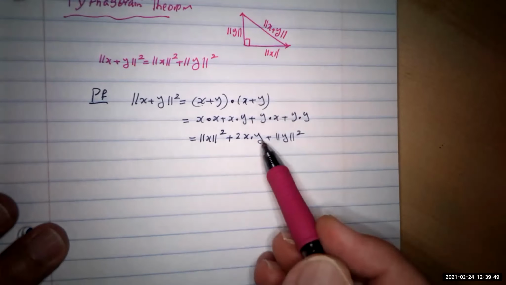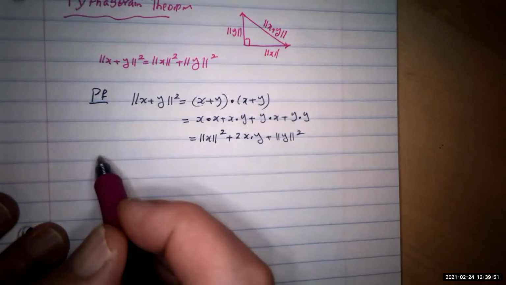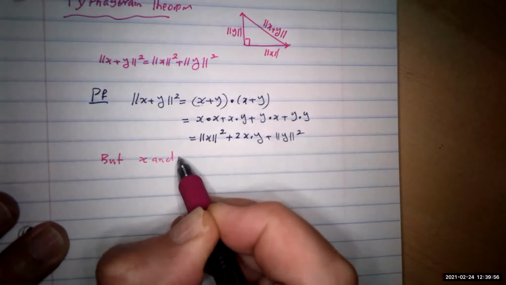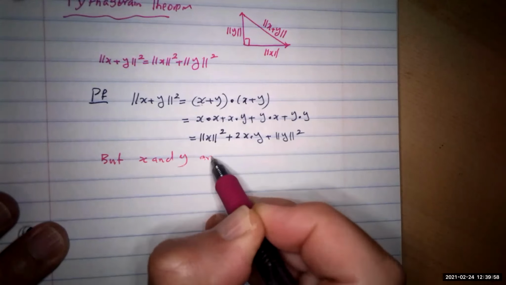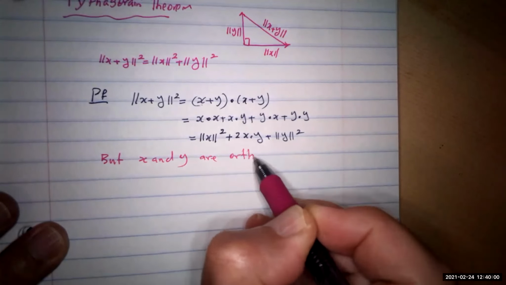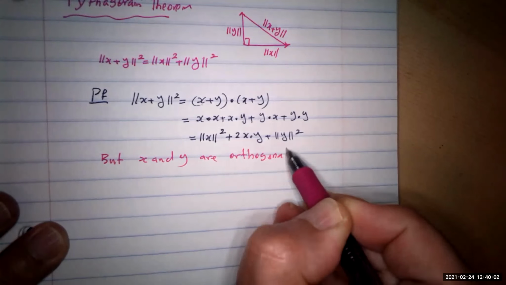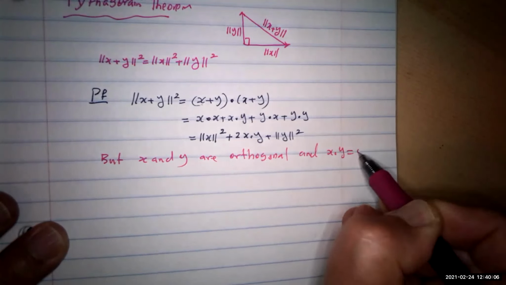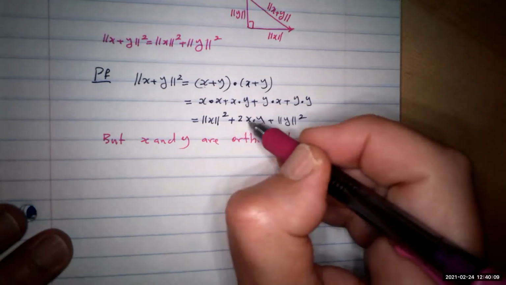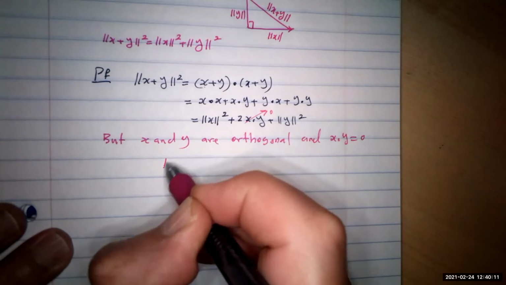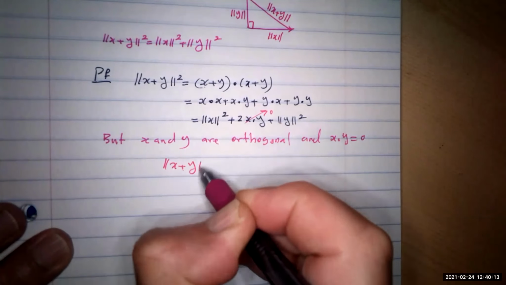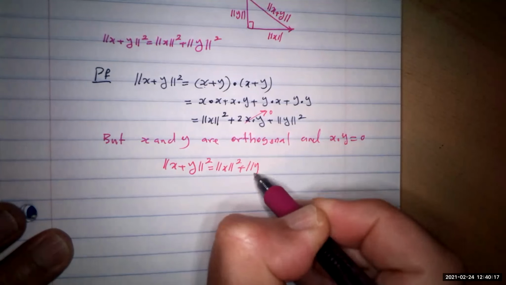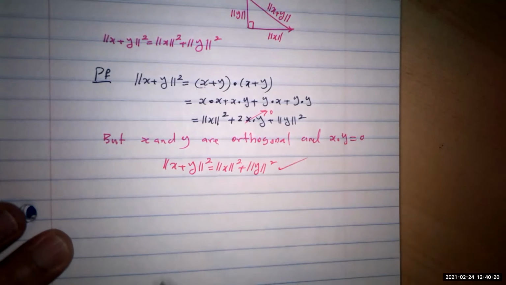You see, x and y are perpendicular, so you say that x and y are orthogonal or perpendicular, and so x dot y is equal to 0. Okay, so this is 0. So this is it, you proved it. Norm of x plus y squared is norm x squared plus norm y squared.